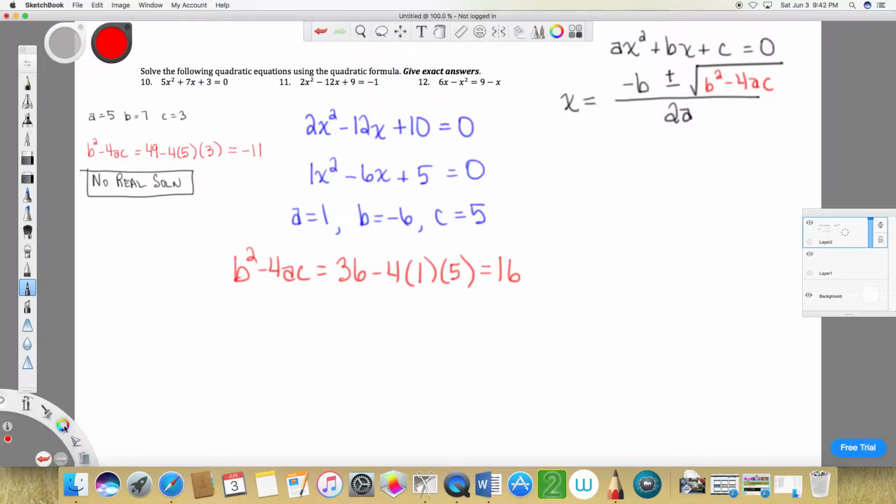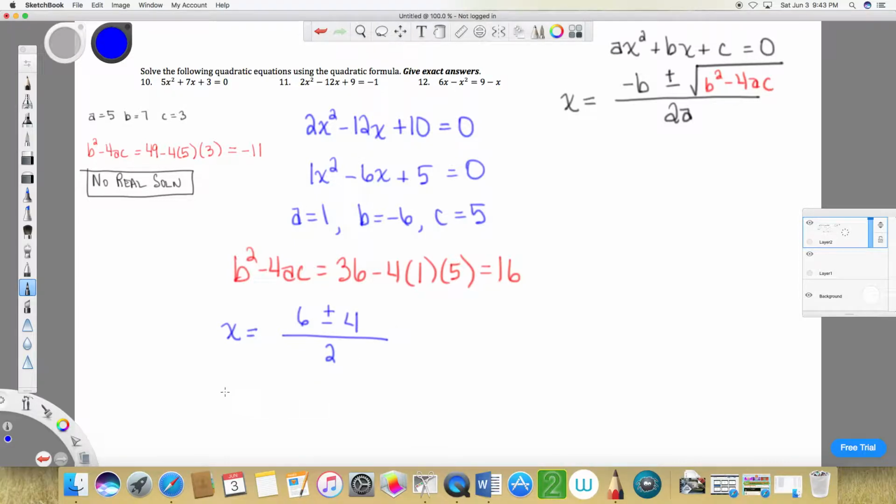So let's tell people what our solution is then. The denominator is 2 times a, which 2 times 1 is just 2. The first term in the numerator is the opposite of b. The opposite of negative 6 is positive 6, plus or minus the square root of the discriminant, and the principal square root of 16 is 4.